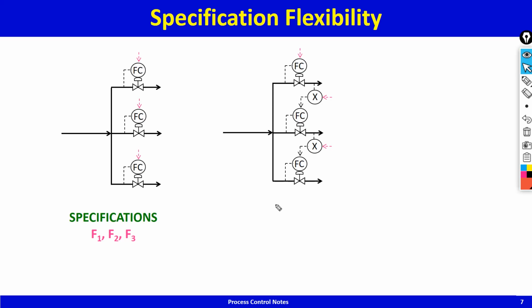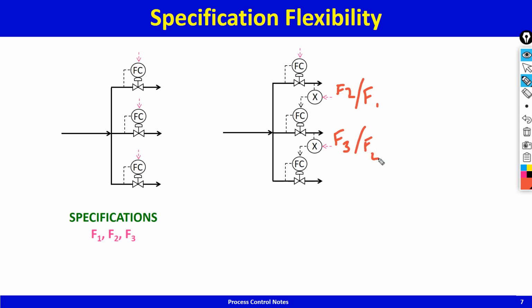So here what we are doing is F2 is kept in ratio with F1 and F3 is kept in ratio with F2. This is F2 by F1, and this is F3 by F2.